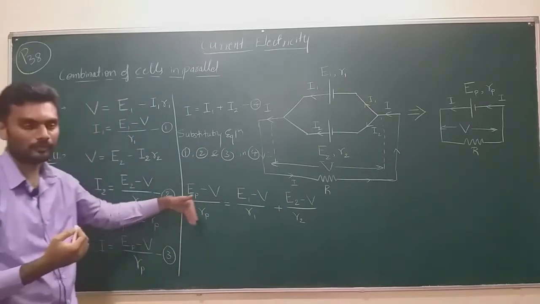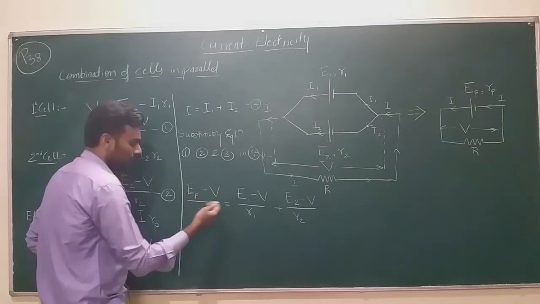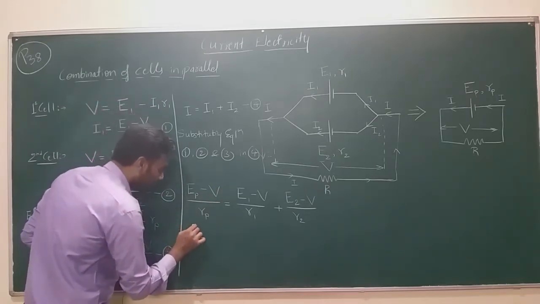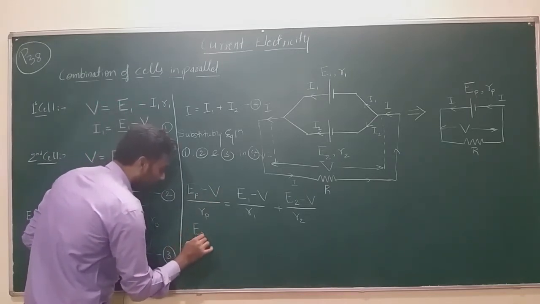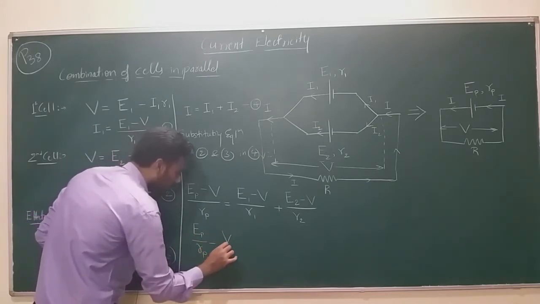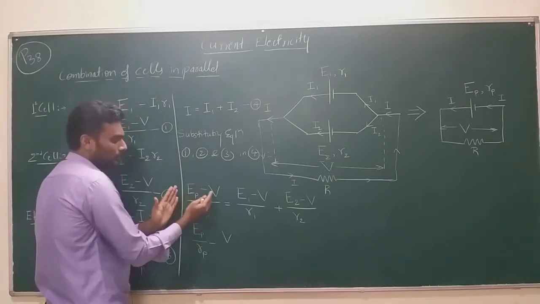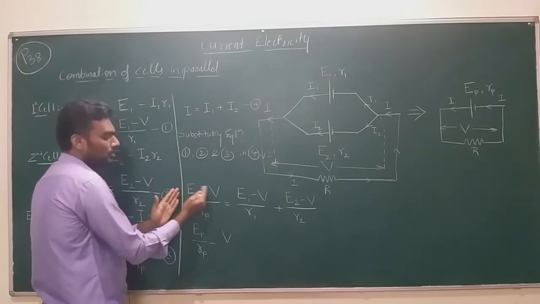Now let me divide the terms individually with the corresponding denominators, so that I have EP by RP minus V. I am dividing this denominator into both the numerator terms.